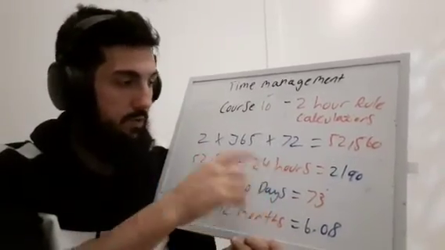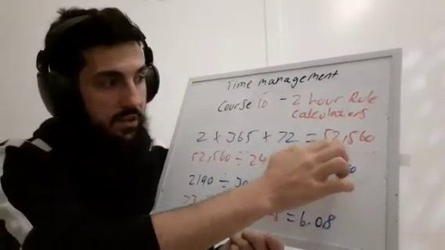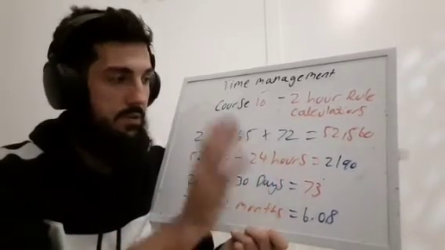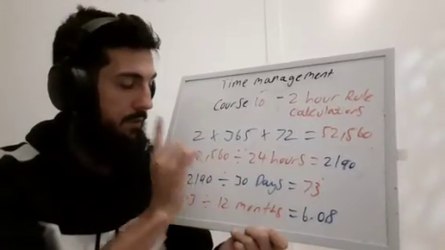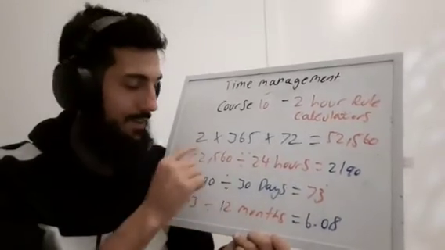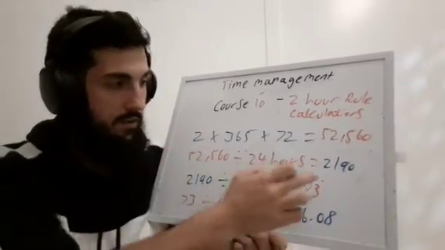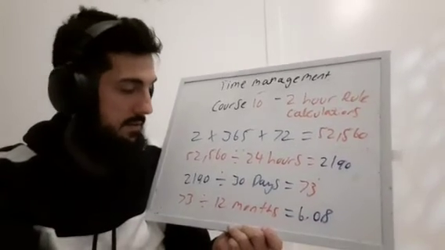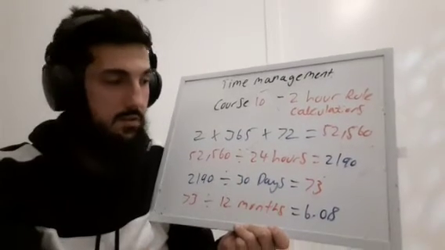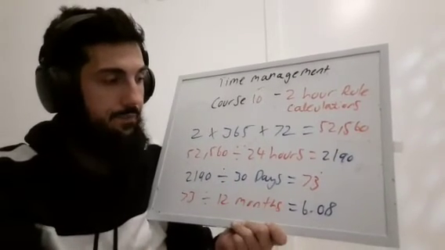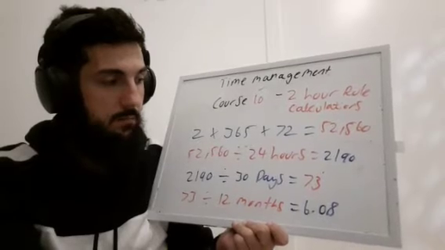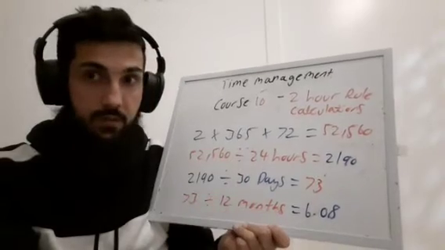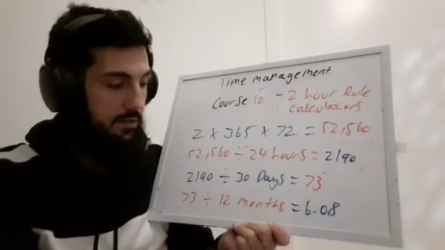We're going to make sure that no matter what, we go from 52,560 hours, which is the hourly rate, into 24-hour periods. We're going to divide it by 24 hours to make the daily rate, which is 2,190 days, into 30-day periods to make the monthly rate, which is 73 months, and we're going to go into the dividends of 12 months.